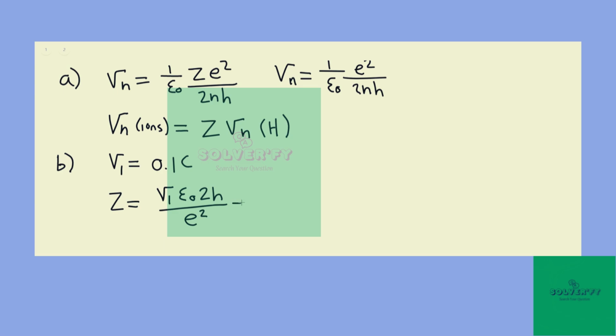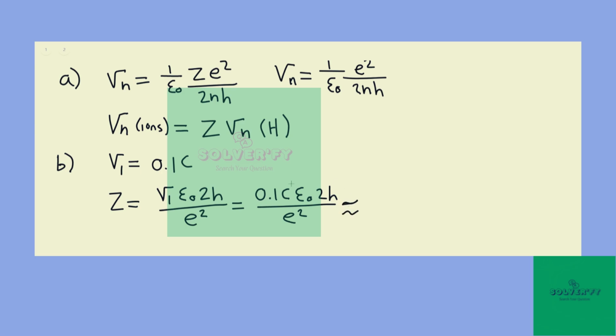And v is 0.1c, so 0.1c times 2 epsilon naught h. We can combine these together to form something a little bit nicer to look at.